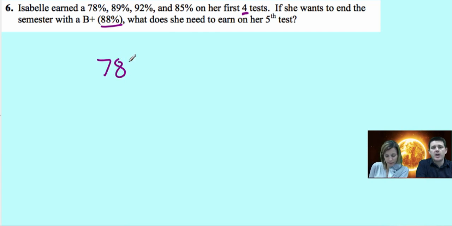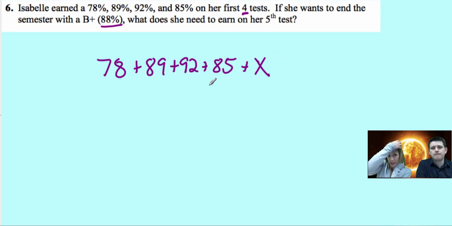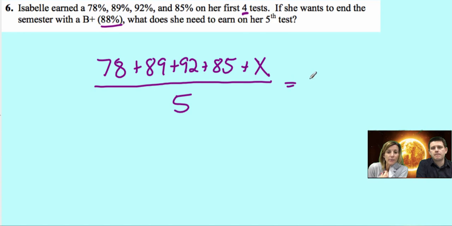So again, 78, we're going to add up the pieces we know. 89 plus 92 plus 85 plus x divided by 5 is going to give us a mean average of an 88%. So we're going to do the little bit that we can do.